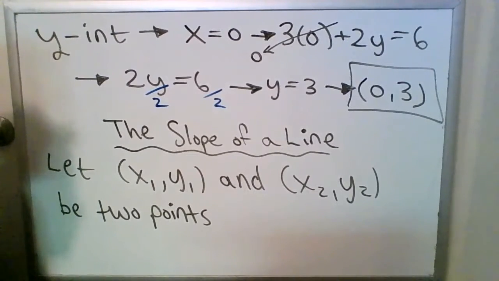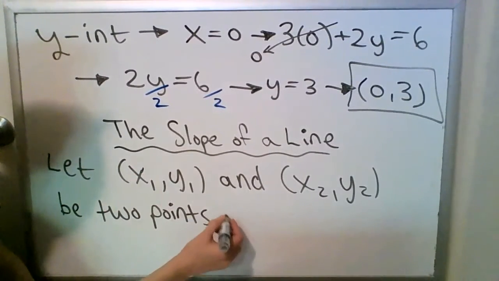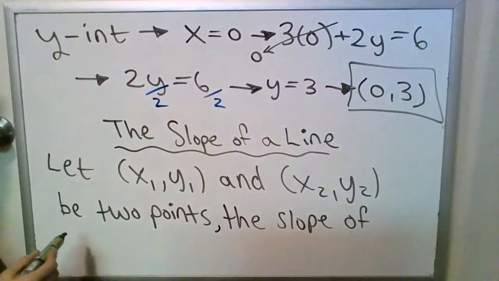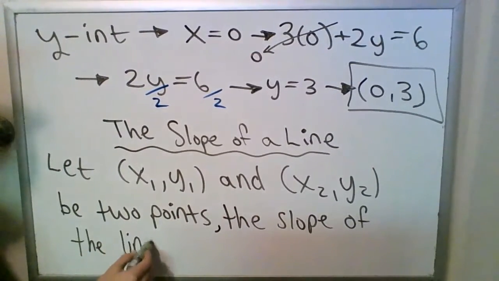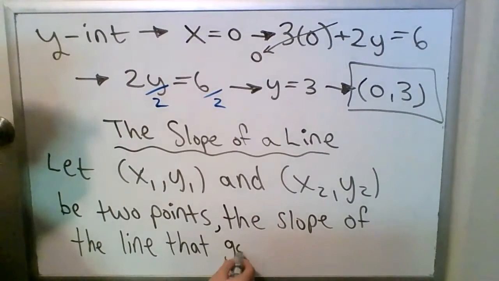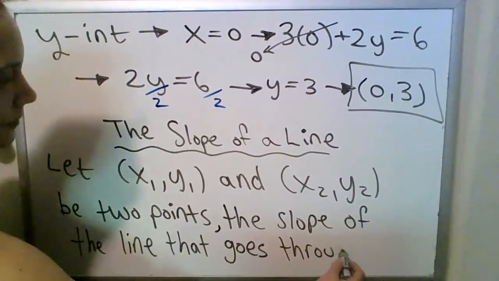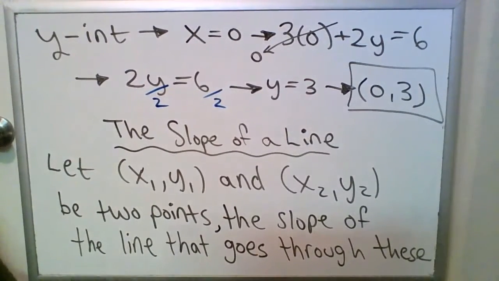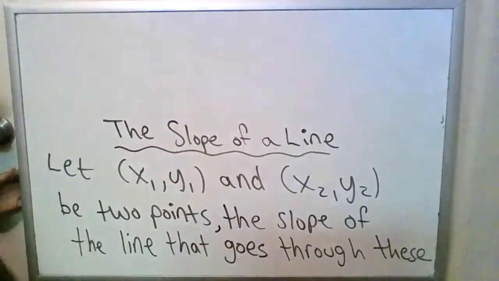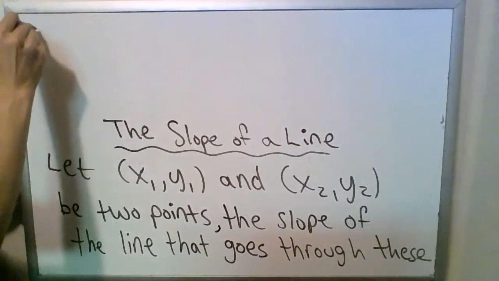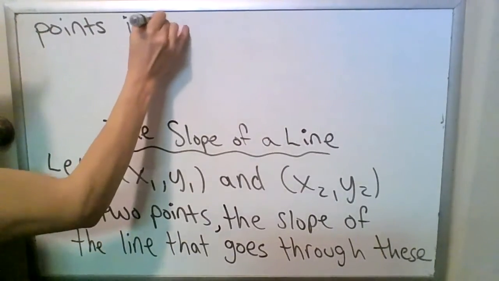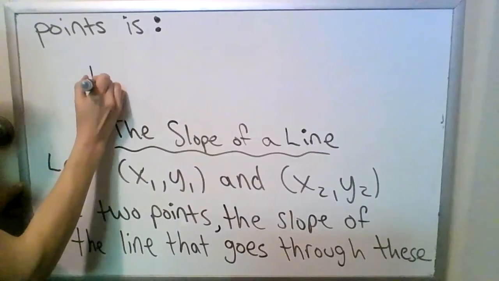The slope of the line that goes through these points is called lowercase m. So the symbol we use for slope is a lowercase m.